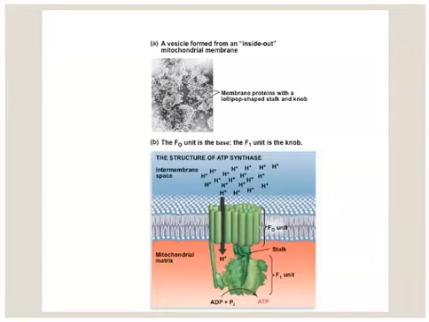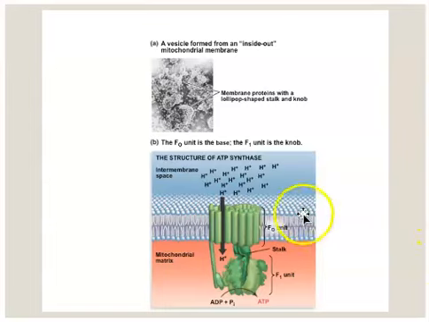They're describing it as having a lollipop-shaped stalk, and then that knob portion, the F1 portion, hanging below the membrane. This enzyme, ATP synthase, has been studied extensively, as you can imagine. It's such an important molecule, and again, it's found in all living cells.